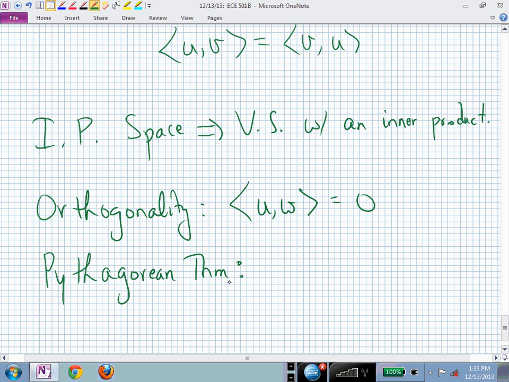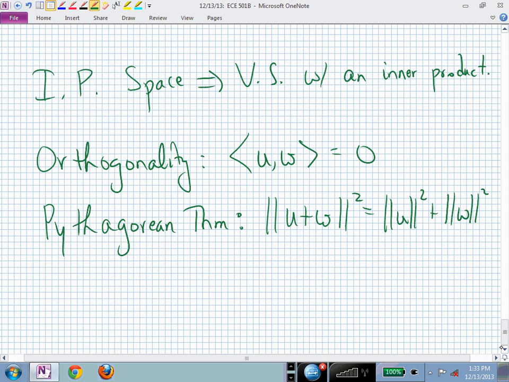Or use that so that now we have the norm of U plus W squared is equal to the norm of U squared plus the norm of W squared, or the hypotenuse distance squared is equal to the sum of the sides squared, because those sides in a right triangle are orthogonal. But we can generalize that idea to higher dimensional vectors.